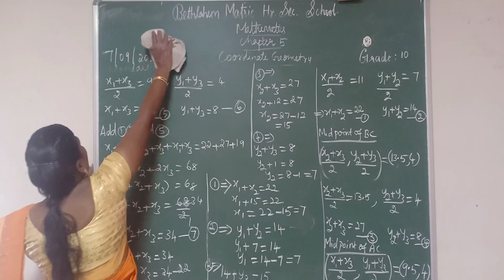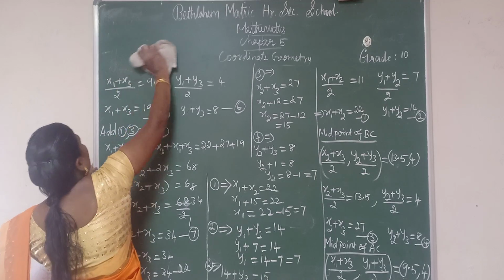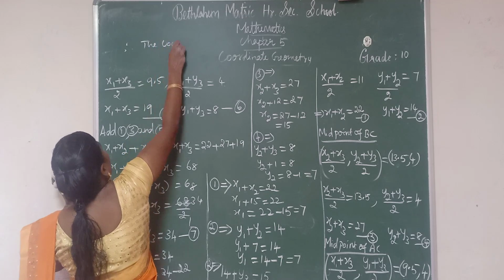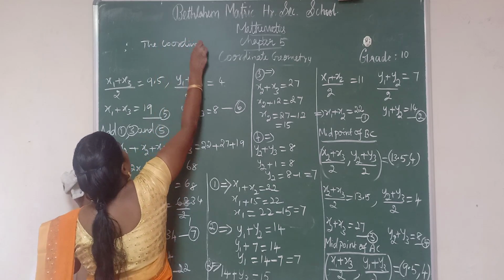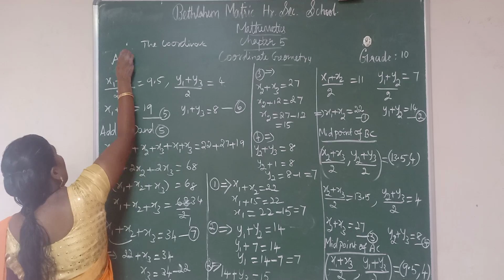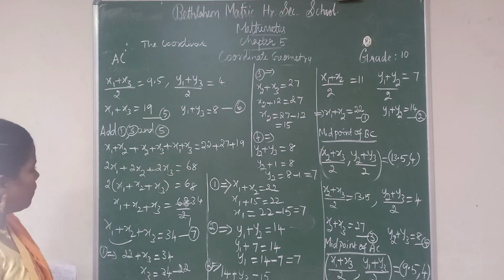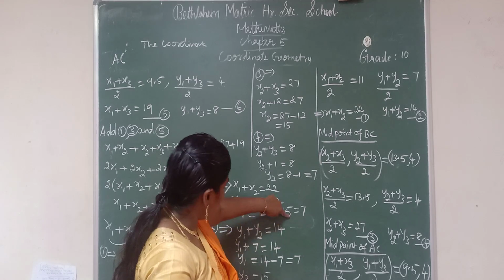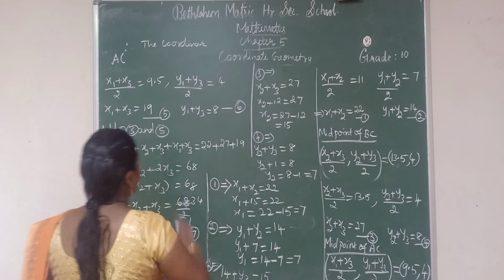Therefore, the coordinates: A of x1, y1. What is the x1, y1 value? x1 is 7, y1 is 7.